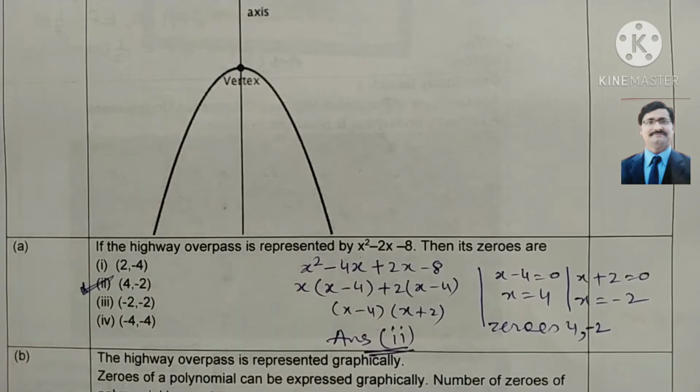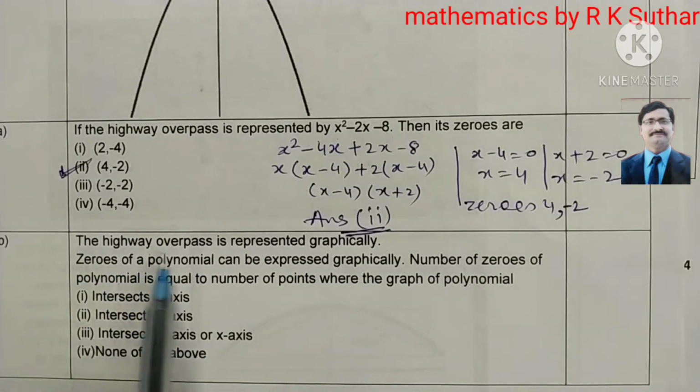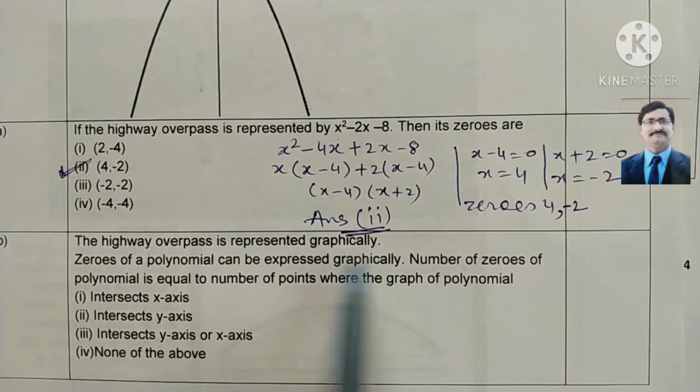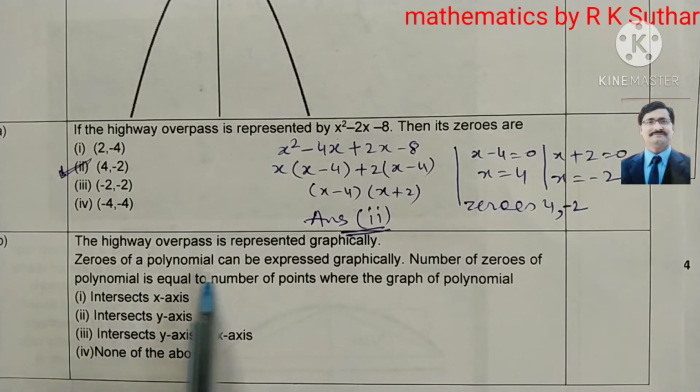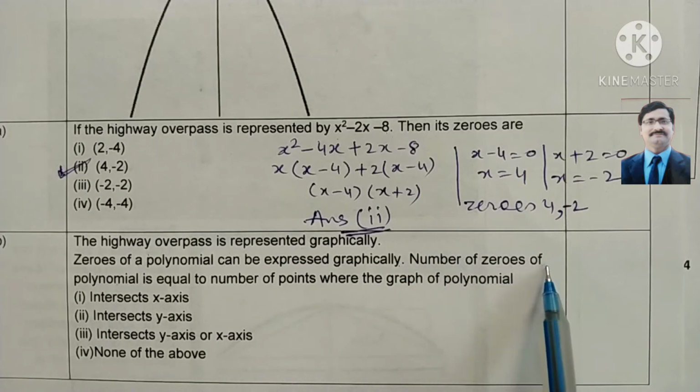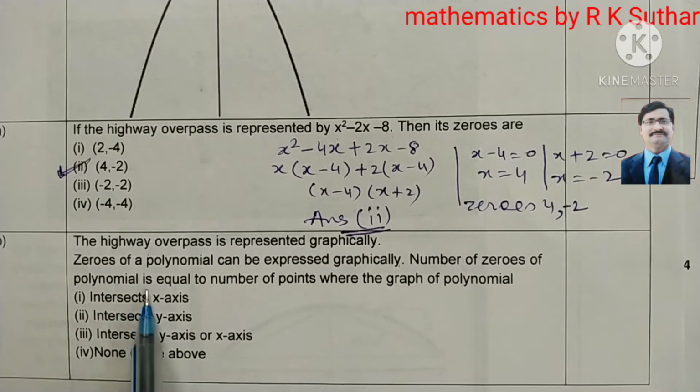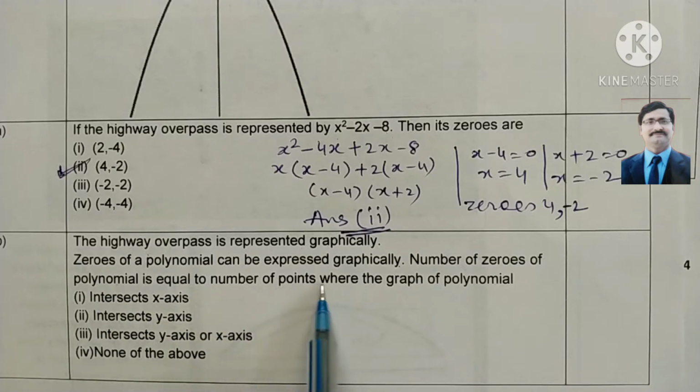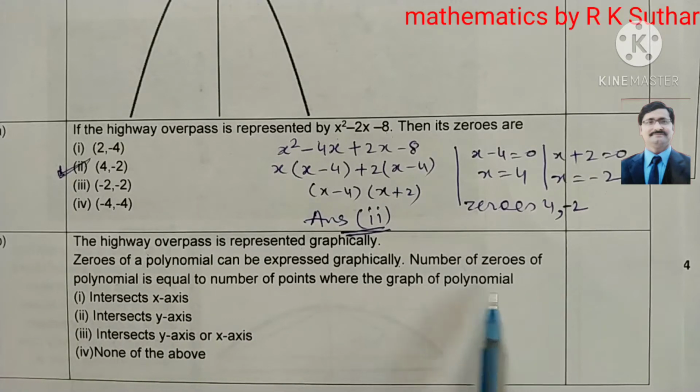All of you understand? Next question: the highway overpass is represented graphically. Zeros of a polynomial can be expressed graphically. The number of zeros of the polynomial is equal to the number of points where the graph of the polynomial intersects the x-axis. We already did this type.